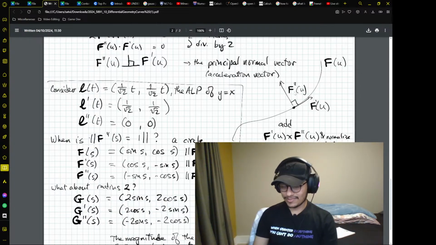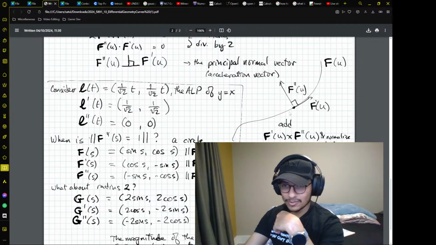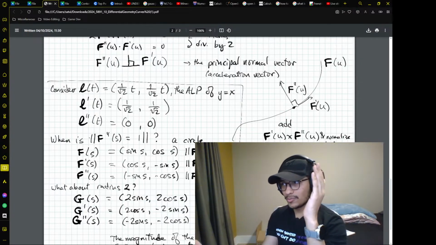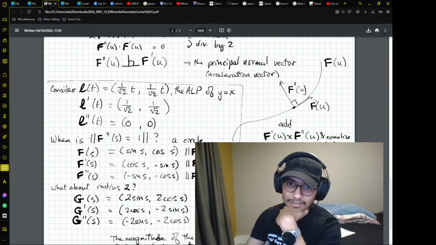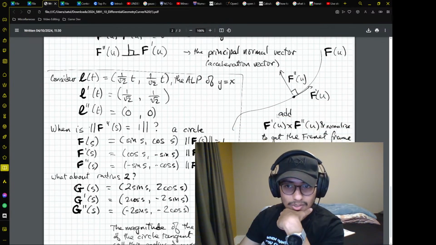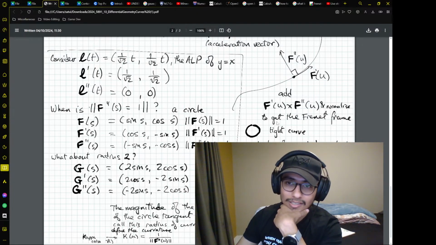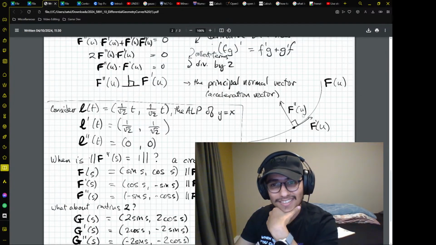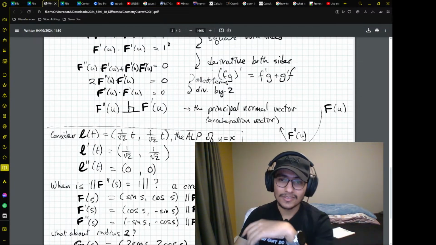How should I put this? Well, you have the velocity, you have the acceleration, which is at 90 degrees. So if you have two axes at 90 degrees, you can get the third axis by doing a cross product, and then you can create an orthogonal axis and do a bunch of transformations with it.